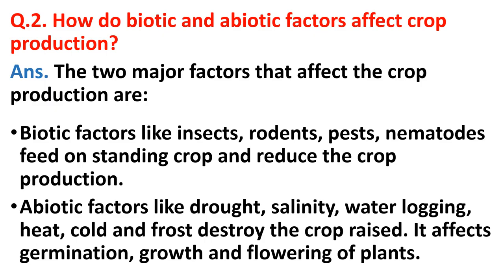They feed on standing crops and reduce the crop production. And abiotic factors like drought, salinity, waterlogging, heat, cold and frost destroy the crops raised. They affect the germination, growth and flowering of the plants.